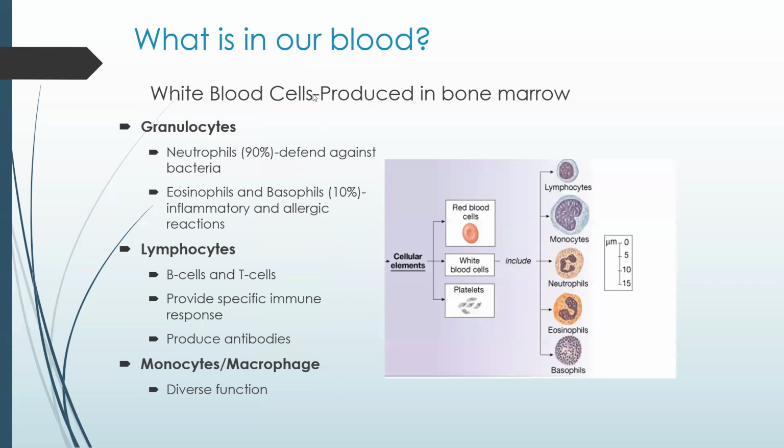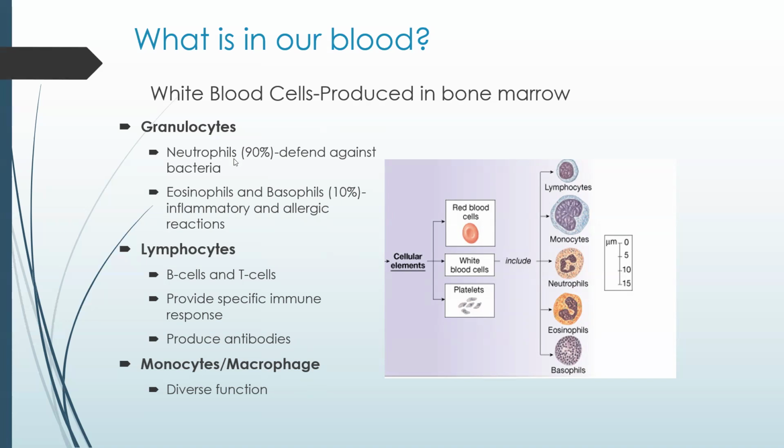So, white blood cells are produced in the bone marrow, and that's our immune system functioning. That's made up of granulocytes, lymphocytes, and monocytes and macrophages. Our lymphocytes are our B cells and T cells, very important in the immune response, and they also produce antibodies.